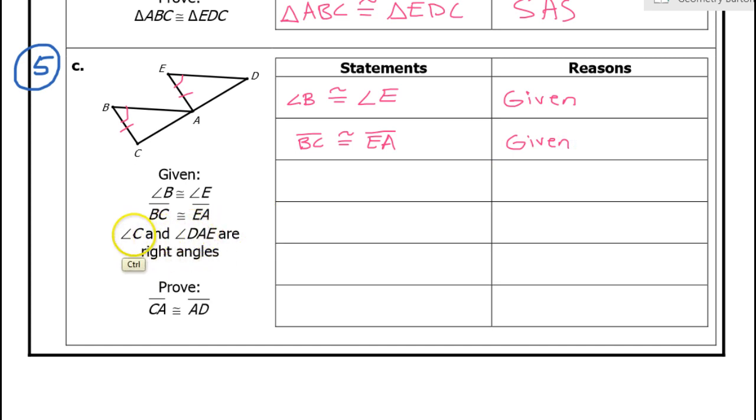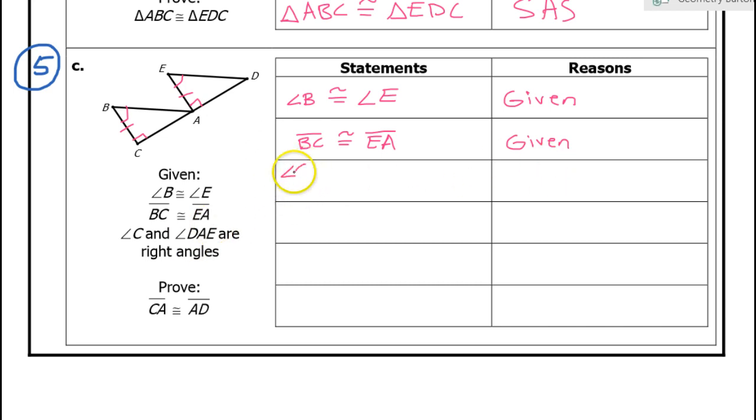And then they give us that angle C and angle DAE are right angles. So angle C and angle DAE are right angles. So for starters, we just have to write that down.